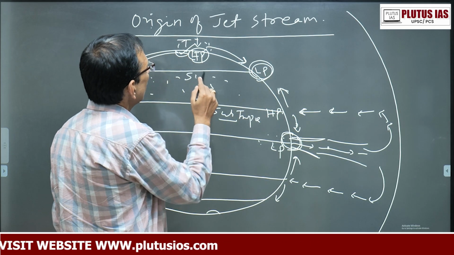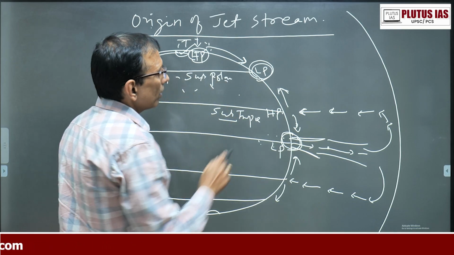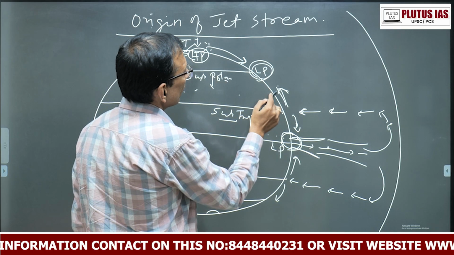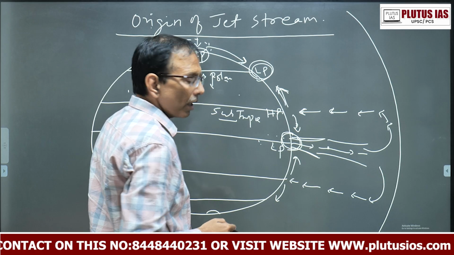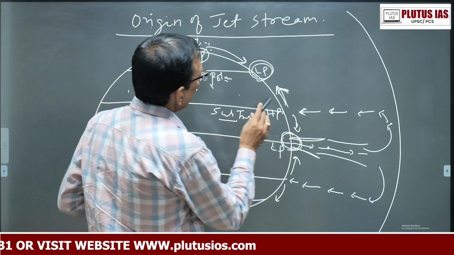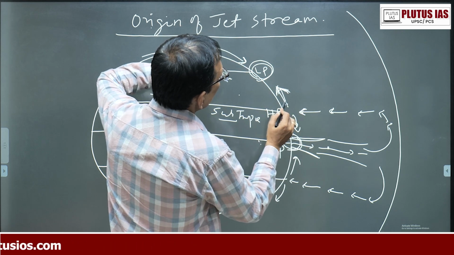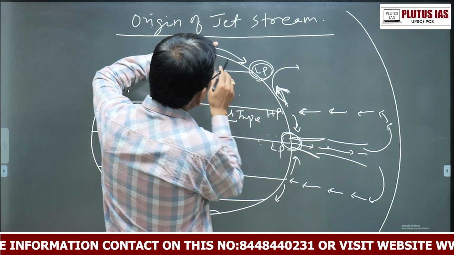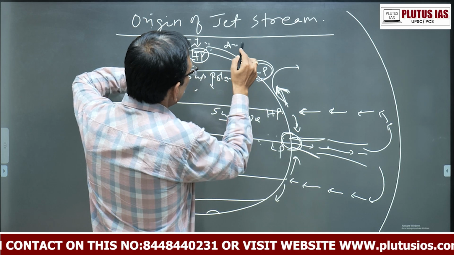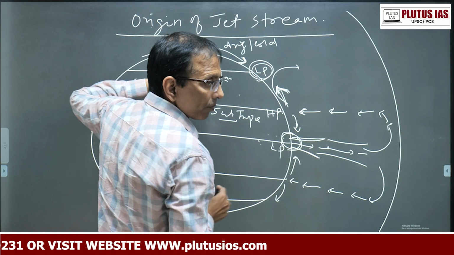This is the region of subpolar in nature. What happens? See, this is carrying more humidity and is warm in nature. Hence, when it comes closer, this humid air is getting uplifted in comparison to this dry, cold air.